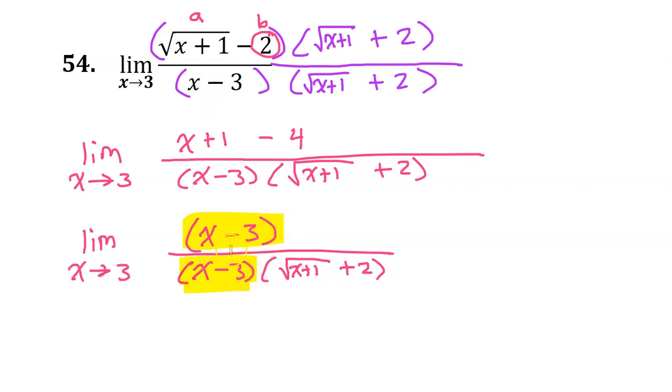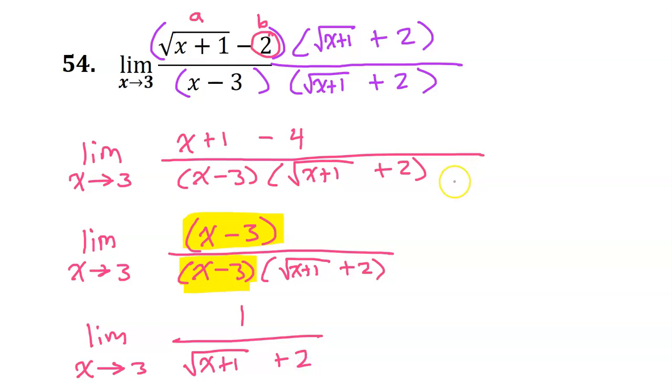For these limit problems, you should always be watching out for something to cancel like this, because that's really the way that we wind up avoiding the whole 0 over 0 case. So this will be the same as the limit as x approaches 3 of 1 over the square root of x plus 1 plus 2.